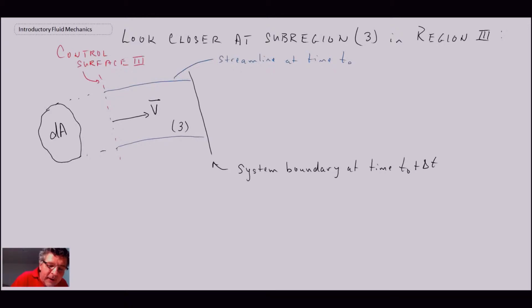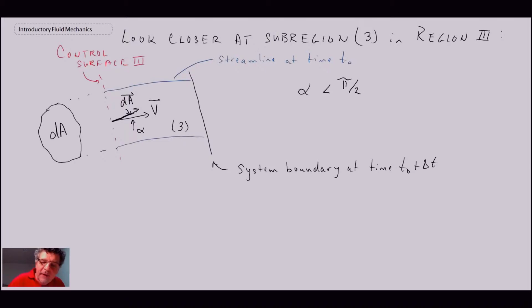And it may turn out that the unit vector for that area could be a little bit different from the streamline and the velocity vector. So I will do that as area vector dA. And the angle between the area unit vector and the velocity vector, we'll call that alpha. And here alpha is less than 90 degrees for the way that we've drawn it.